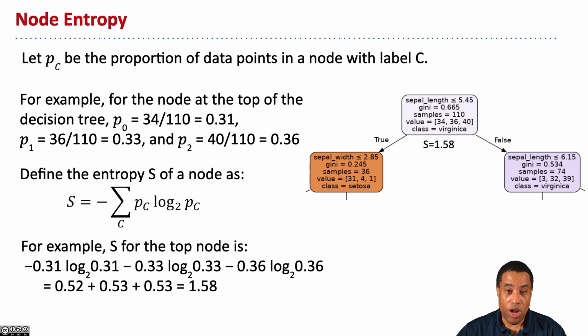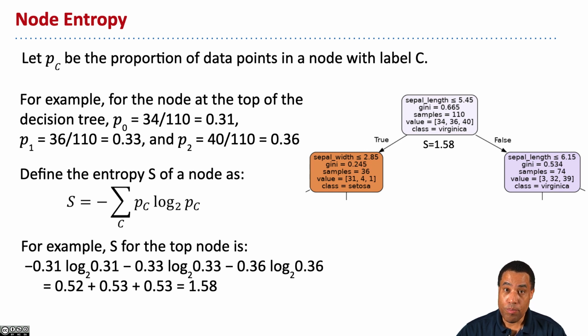And then P sub 1, there's 36, so that would be 36 out of 110, or 0.33. And then there's 40 of the second class, so P sub 2 will be 40 out of 110, or 0.36.